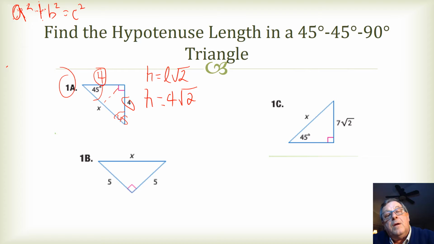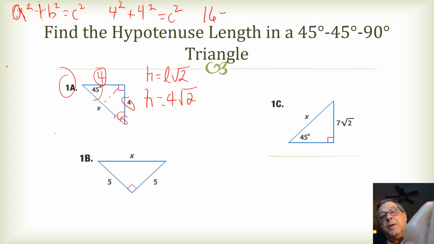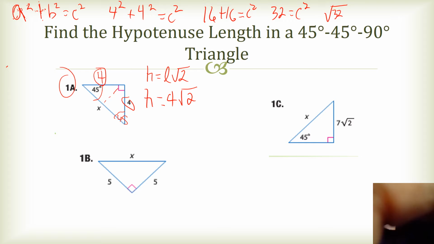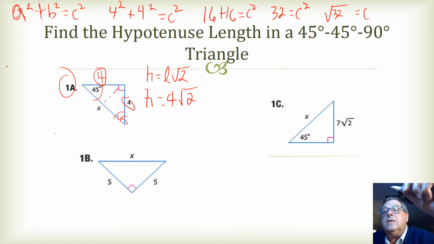Substituting 4 for both a and b, I've got 4 squared plus 4 squared equals c squared. 4 squared is 16, so 16 plus 16 equals c squared. That's 32 equals c squared, and then we take the square root of both sides. The square root of 32 equals c.